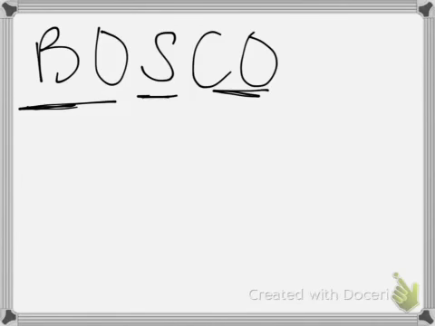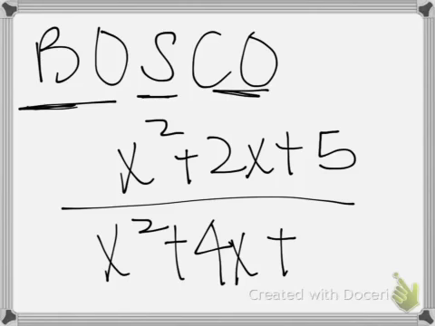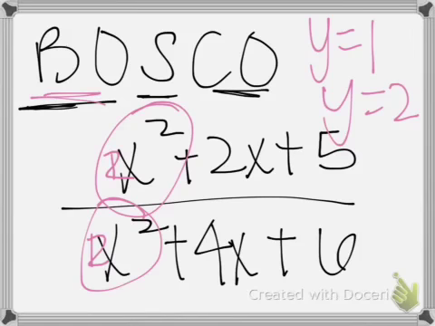If you have the equation x squared plus 2x plus 5 over x squared plus 4x plus 6, then you know, since it's both the same, it has x squared on the top and x squared on the bottom. And right now their coefficients are 1, so for this problem, y would equal 1. However, if this was 2 and 2, then y would equal 2. It's whatever the coefficients are.